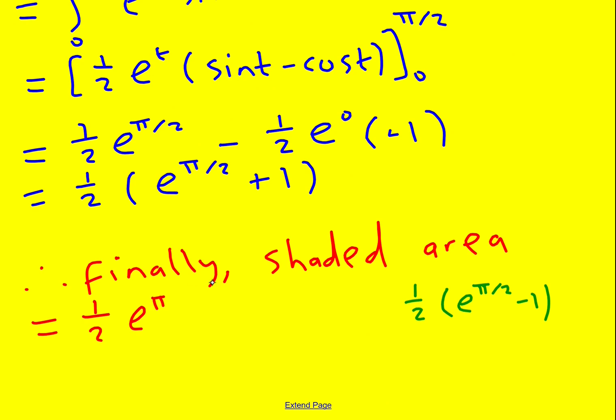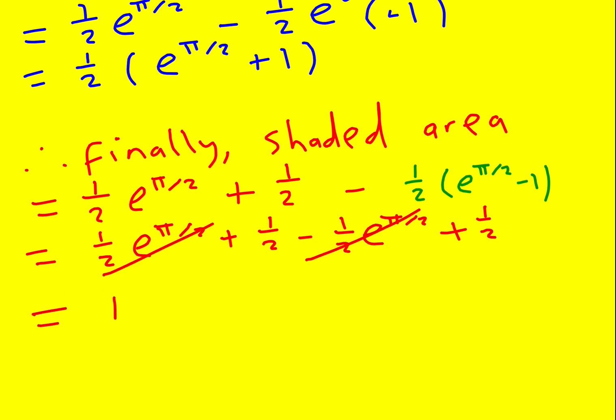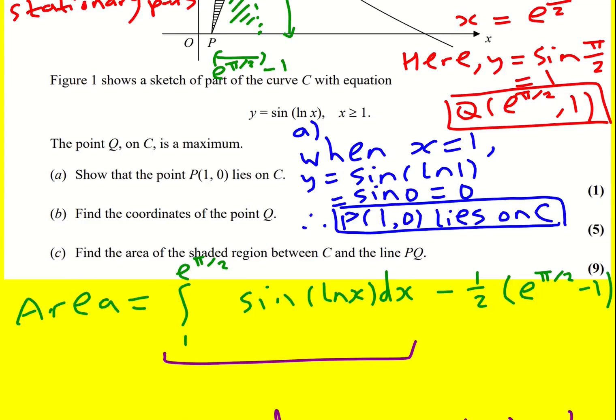Okay, I'm actually going to get rid of that factorized bit. These cancel. We've just got a half plus a half, and the answer, and that is pretty cool. It's got to be said, the answer is just 1. I like it a lot.